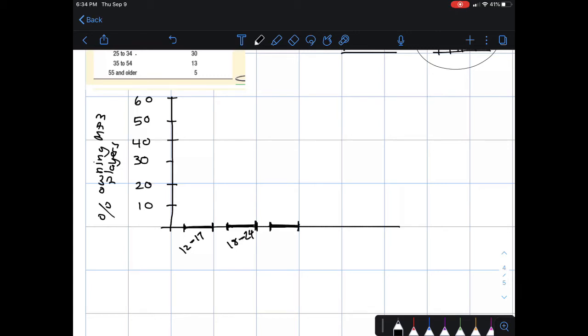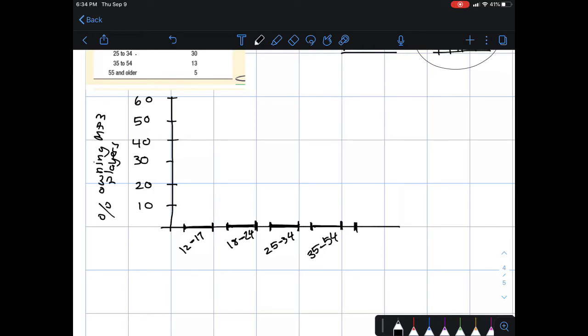All right, again, start here and here. This bar width is going to be 25 to 34-year-olds. Again, start here, go here as best as you can, and that's 35 to 54-year-olds.